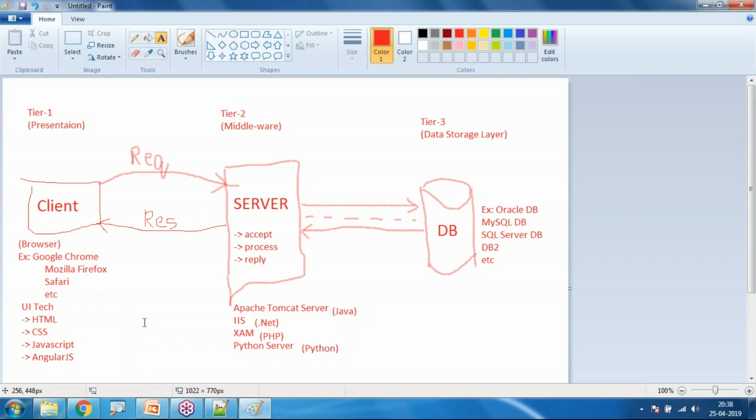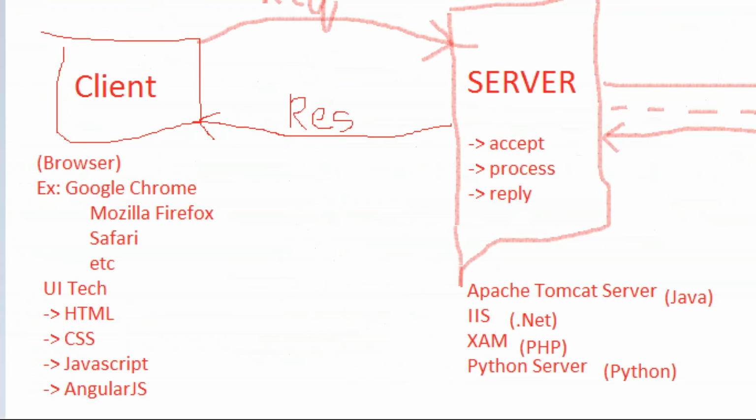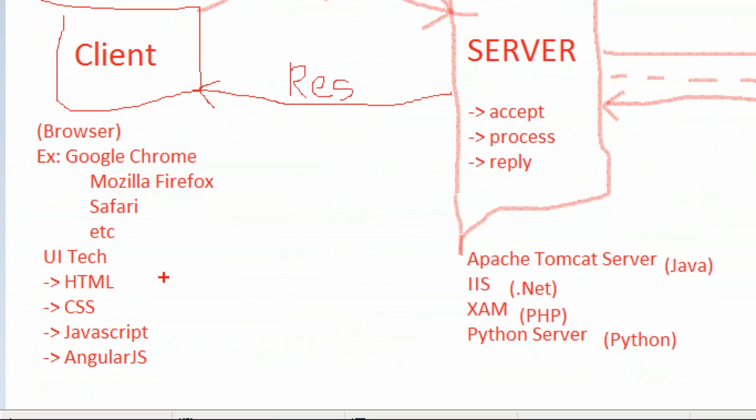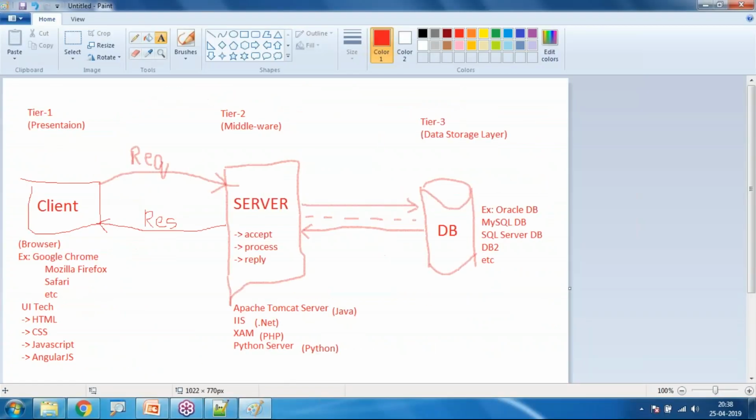These are the technologies which are used on the client to display information or data in a web page: HTML, CSS, JavaScript, Angularjs. So this comes into the picture.